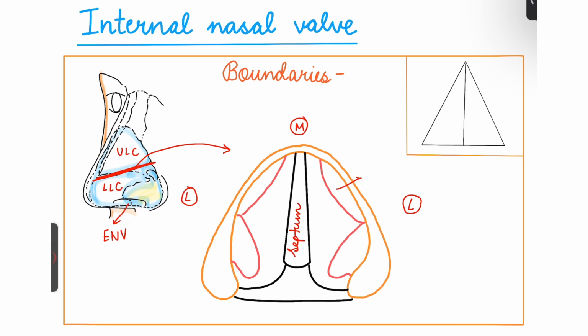Laterally, we have the lower border of upper lateral cartilage, and here we have the inferior turbinate. These are the boundaries of the internal nasal valve. It has an angle of 10 to 15 degrees.